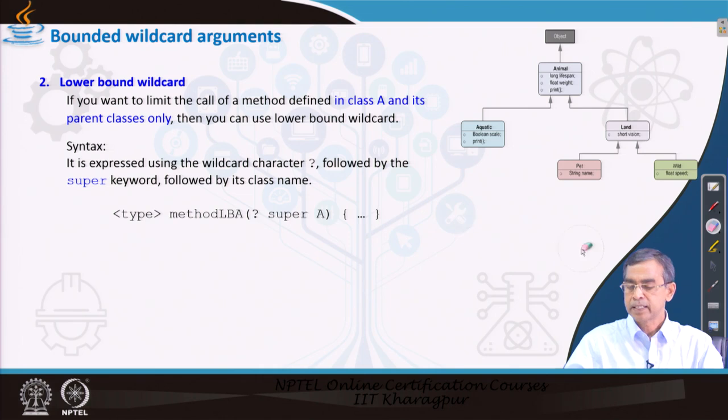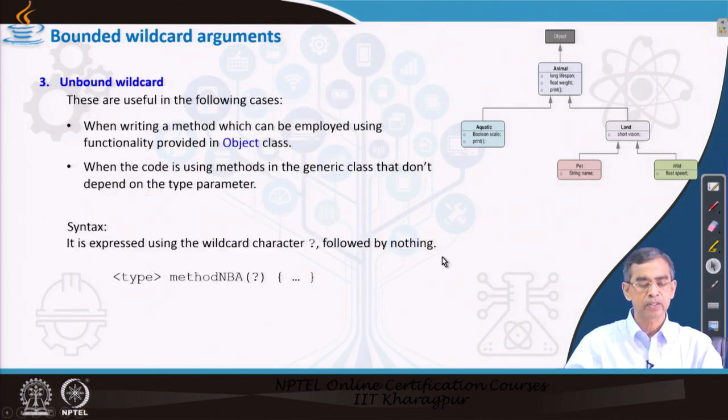And there is the unbound. I will discuss unbound. Unbound is basically no bound actually. That is why it is called unbound, and for this we do not have to mention anything. Here you only mention the wildcard, which is basically unbound. What exactly does it imply?